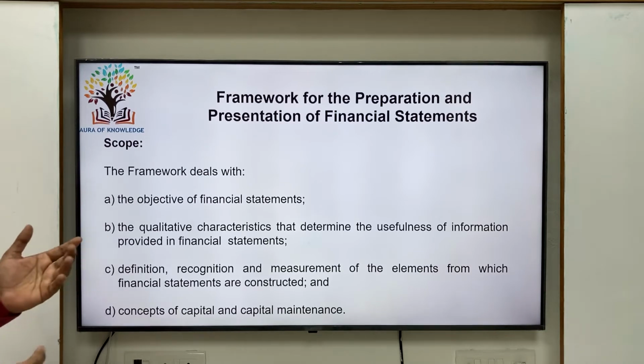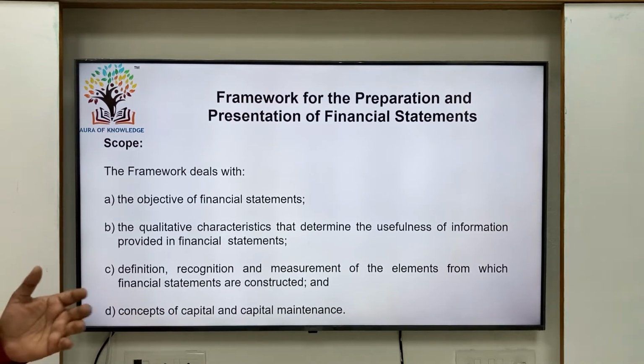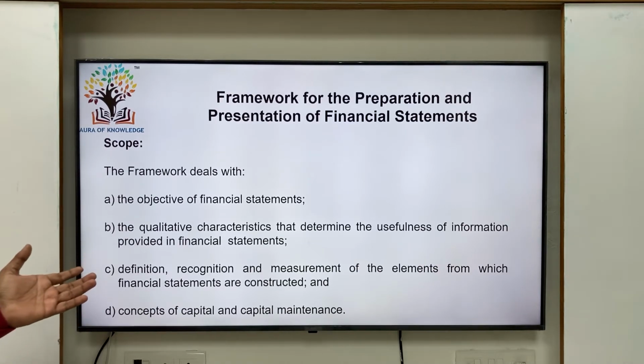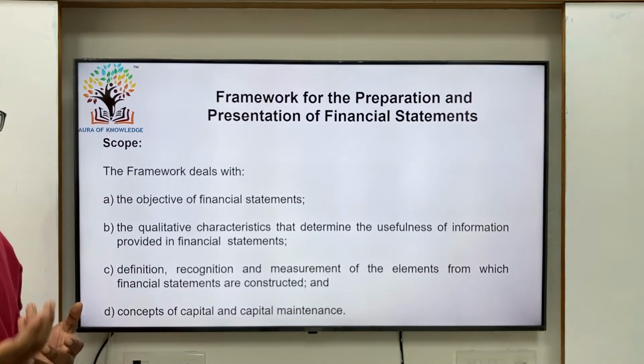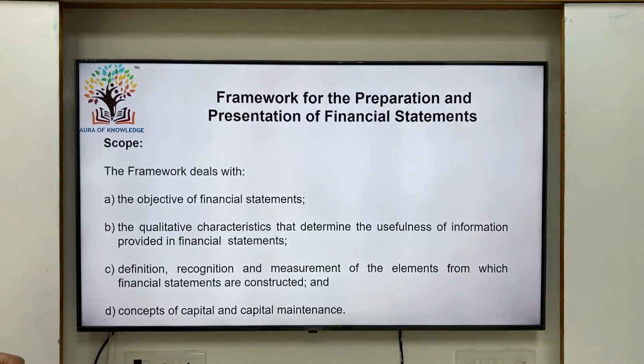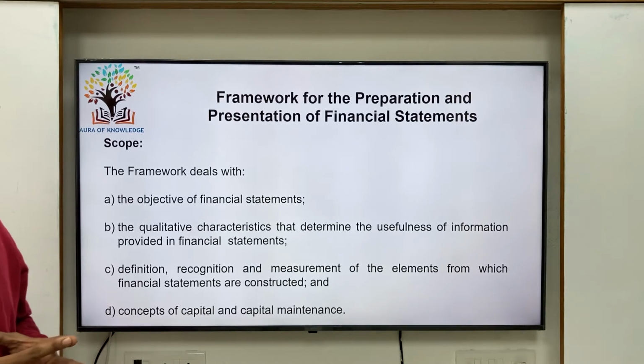It says how it has to be reviewed. And definition, recognition and measurement of the elements from which financial statements are constructed. How the financial statements are prepared and what the various measurements are, how the income has been recognized, how the expenses have been dealt with, whether the future income is also considered in the current year financials, or whether the expected loss is not covered under the current financials.